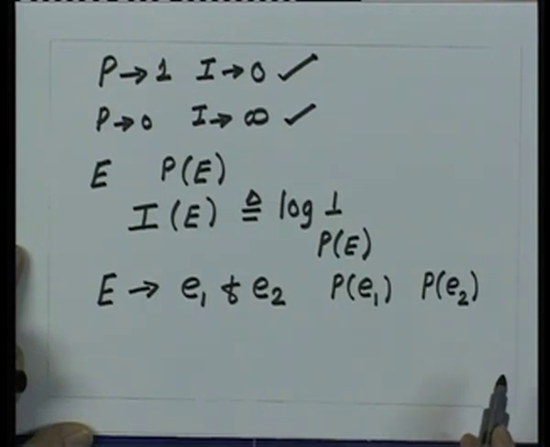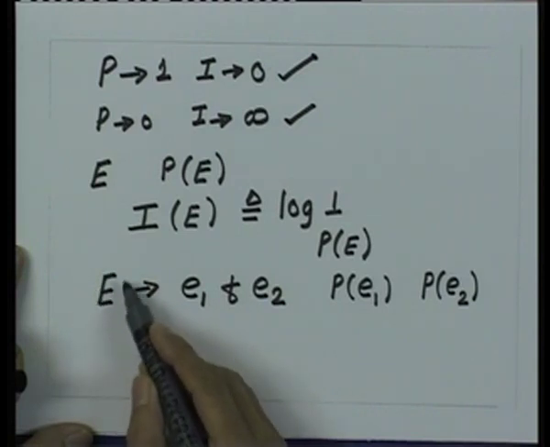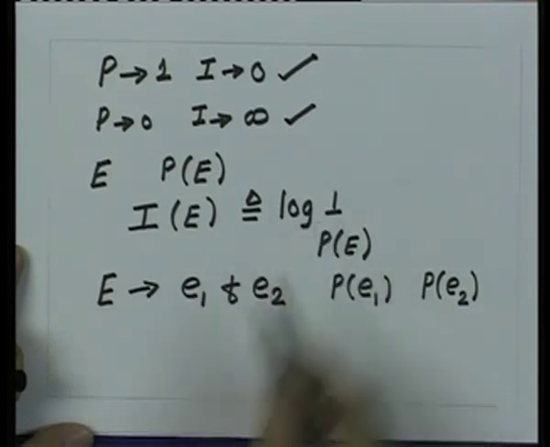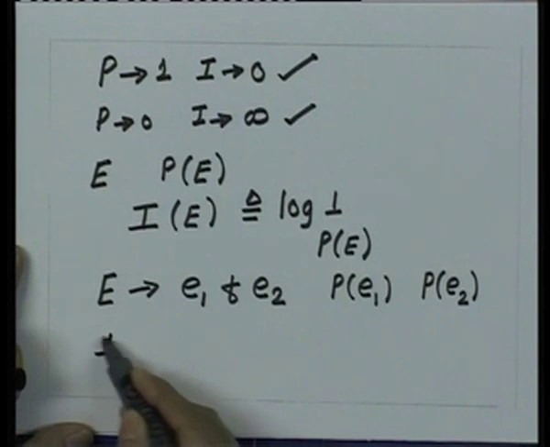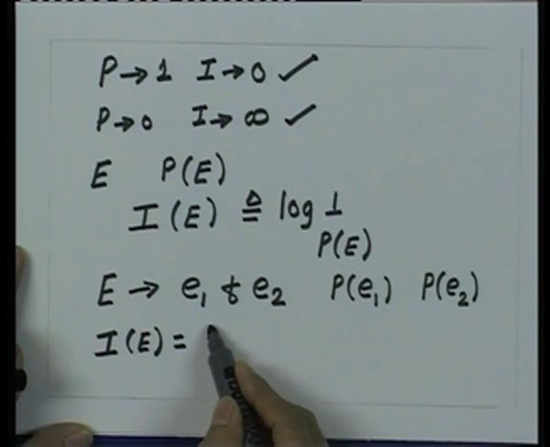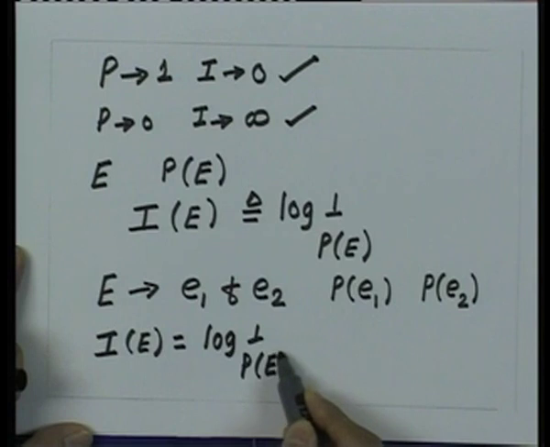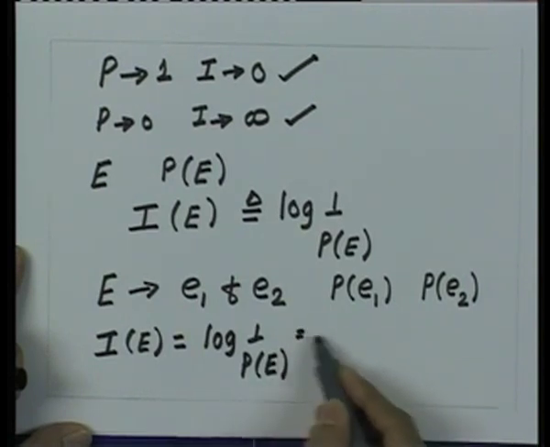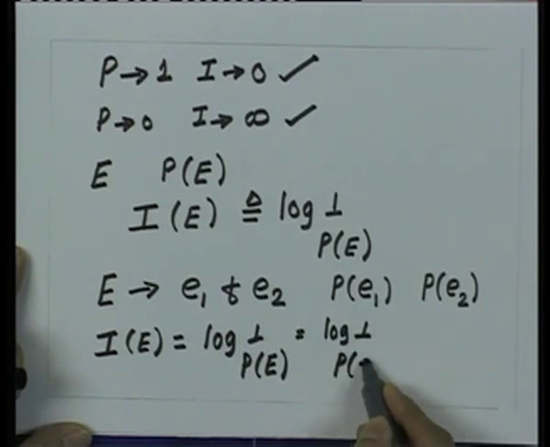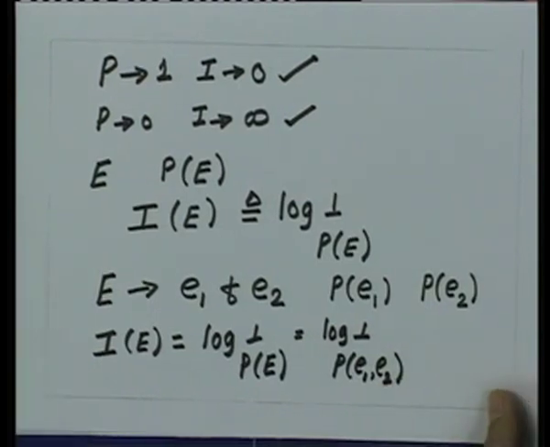Now, if I were to ask you what is the information which I get when the event E occurs, which consists of 2 sub-events, then by this definition, the information associated with the event E is nothing but log of 1 by P of this event E. Now, this I can write as log of 1 by probability of event E1 E2.